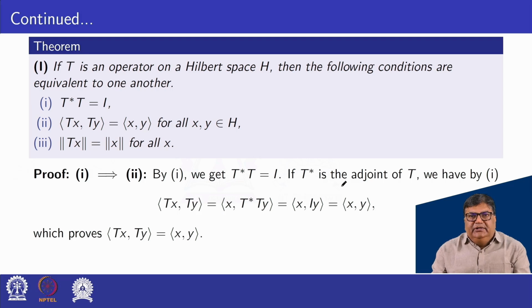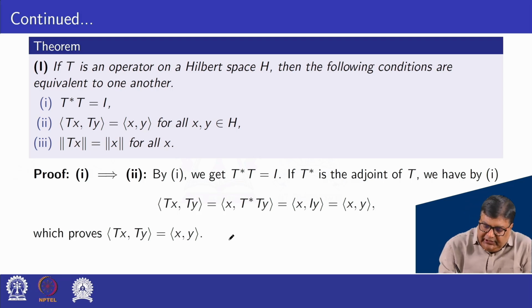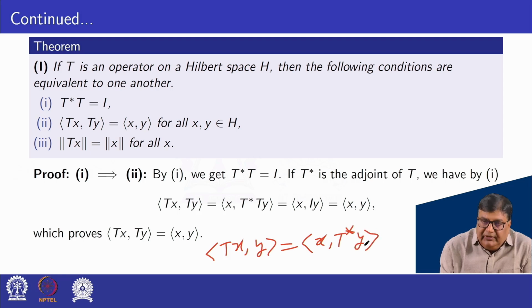So if T star is the adjoint of T, we have by the first, T star T is equal to I. So the inner product of Tx and Ty can be written as the inner product of x and T star Ty, as per the definition of the adjoint operator, because we know that the inner product of Tx, y equals the inner product of x, T star y.